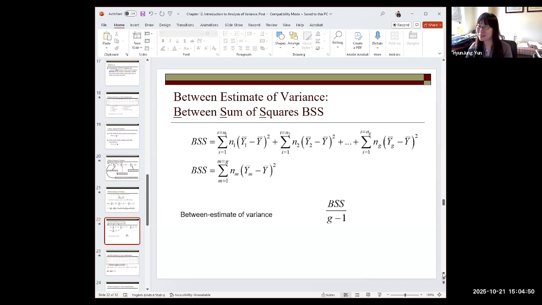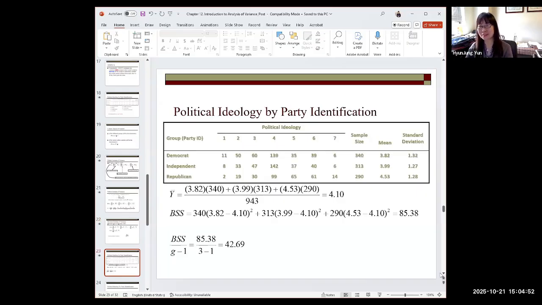So this is the theory, and I want you to really see what's going on in statistical analysis and statistical software, what they are doing behind the scenes. If we plug in the total mean here, the grand mean, and here the Democrat mean, independent mean, and Republican mean, and all the sample sizes, and then divide by the degrees of freedom, it is the between group variance.